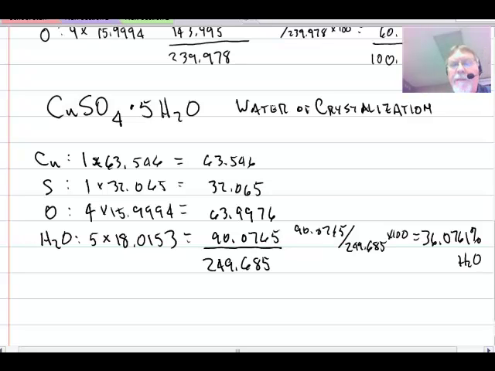Now you'll notice that if I don't need to calculate the other percentages, I don't really have a way of checking that answer. I'm fairly sure that one is correct, but it might be worth your while, at least starting out, to go ahead and calculate these others and add them up and just make sure you come up with 100% so that you're certain that you're doing those right. That's just a quick way of checking.